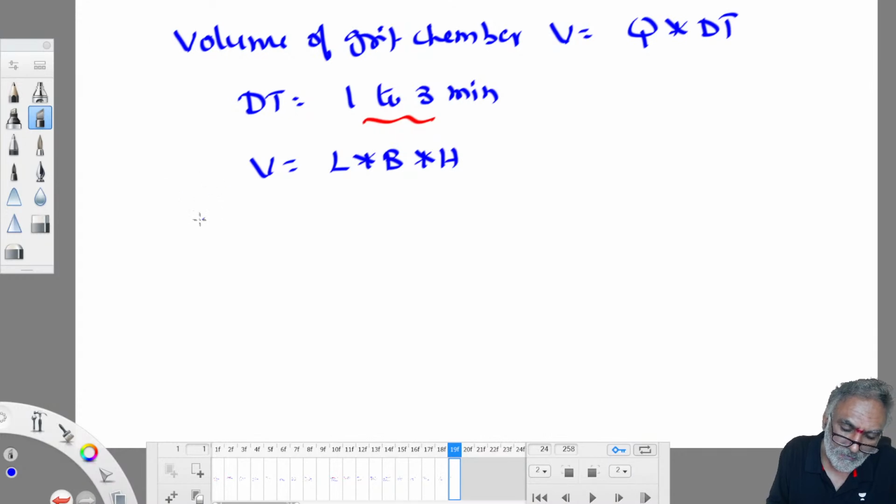Then using flow velocity, you can find out the cross section area of the grit chamber.